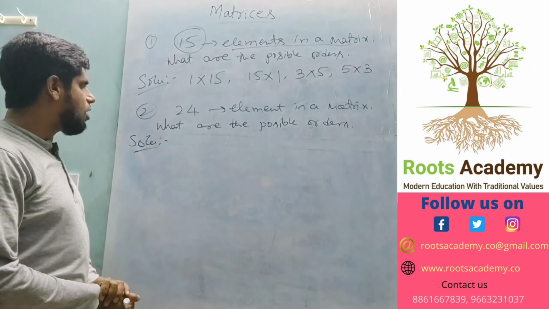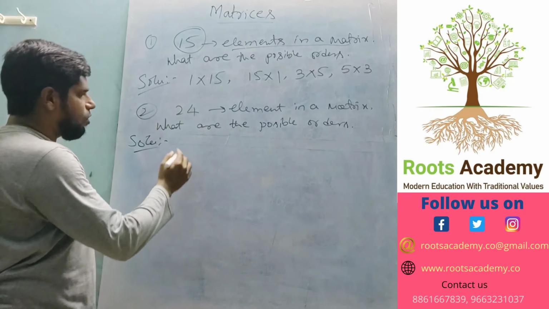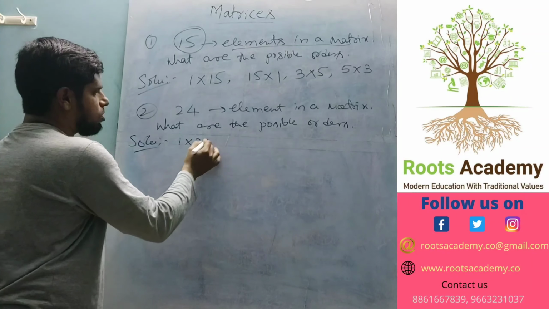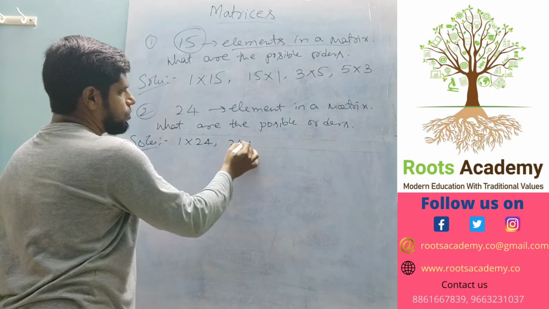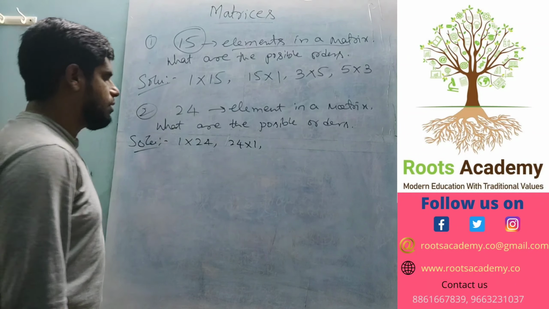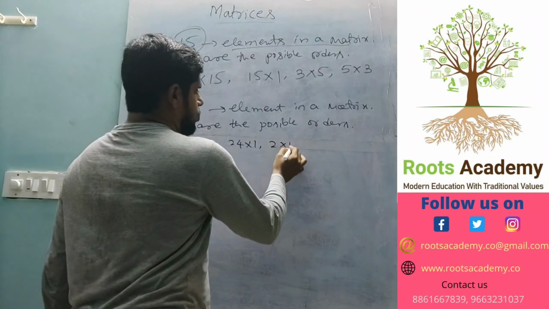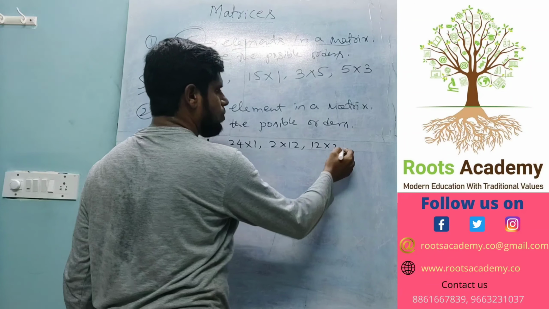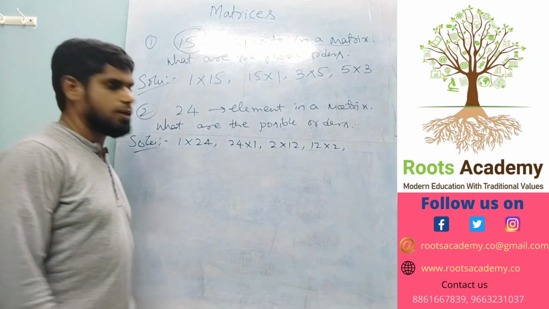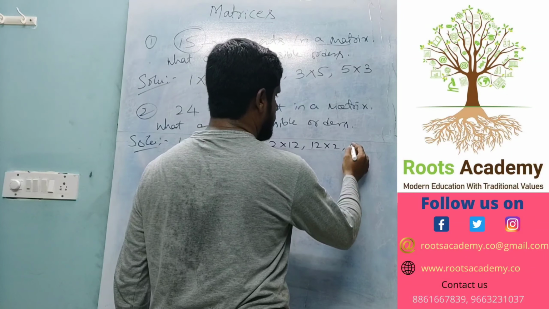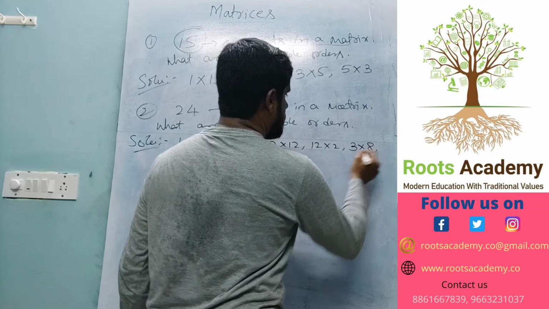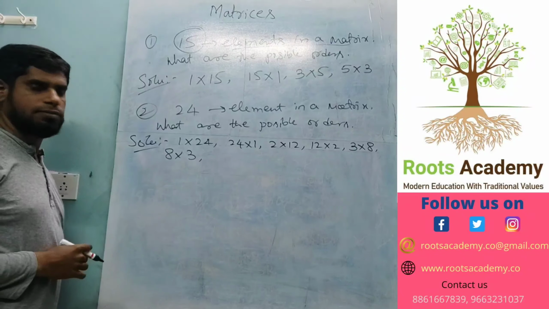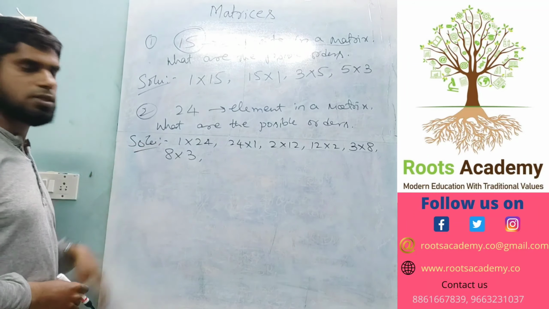Okay, student, the possible orders are, it is 24. Let us take its multiple, that is 1 cross 24, 24 cross 1, 2 cross 12, 12 cross 2, isn't it? The next 3 cross 8, 8 cross 3, that is 8 rows, 3 columns.